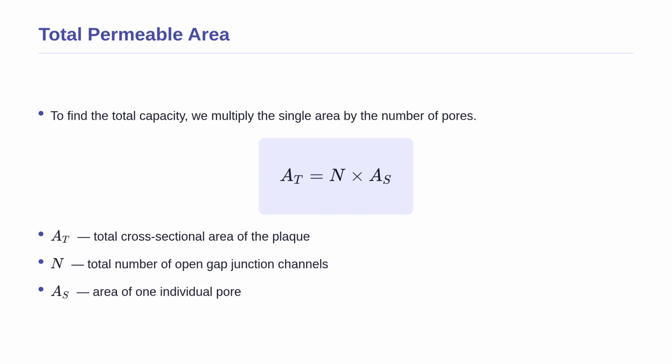The capital N represents the total number of open gap junction channels in that specific cluster. And A sub S is the area of one individual pore, which we just learned how to calculate. If the number of channels N increases, the total communication capacity between the two cells scales up linearly.